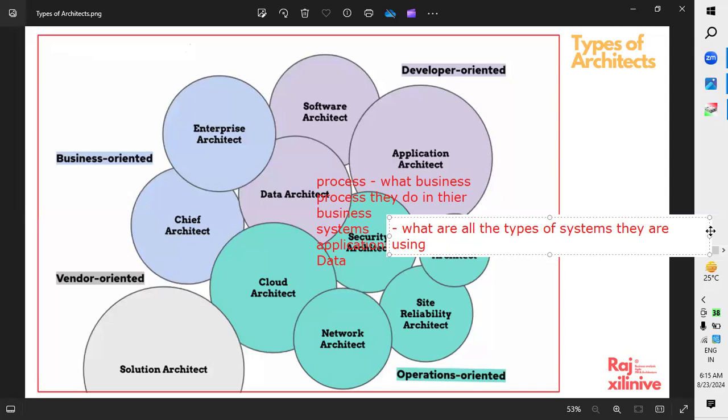For example, some applications are on-premise applications. On-premise means they have their own data center. From the data center, access to that particular application will be done by the employees. Then workstations are different. If it's a cloud application, then it is different, because cloud application requirements are different.